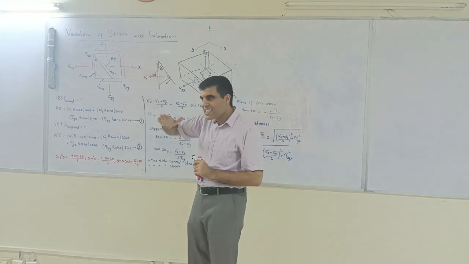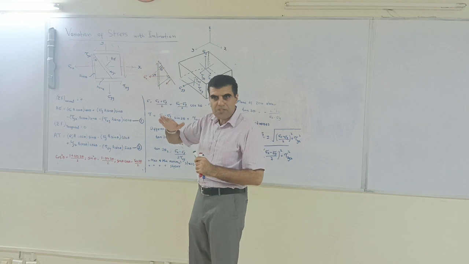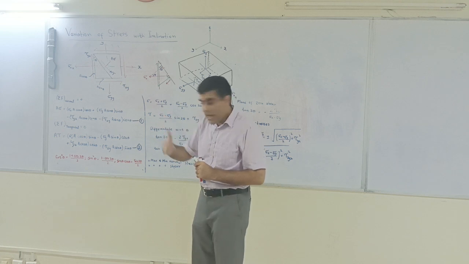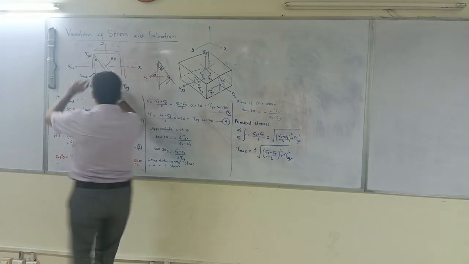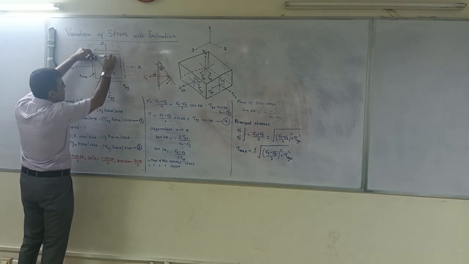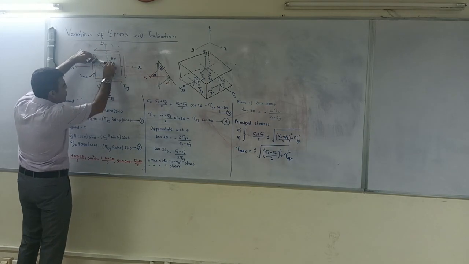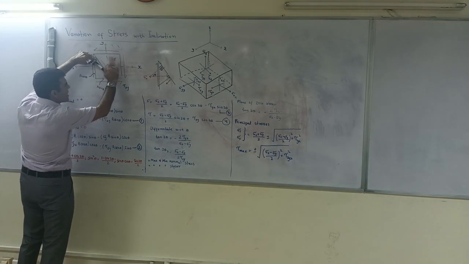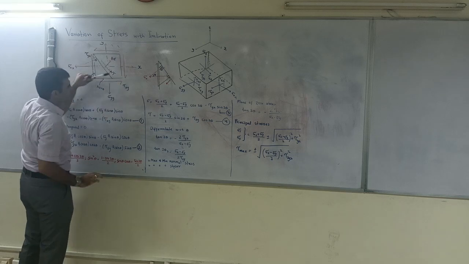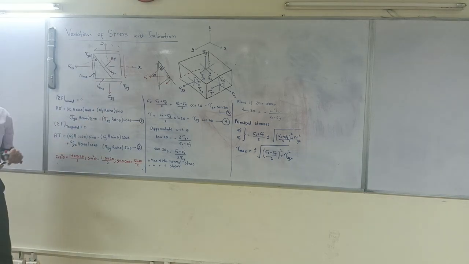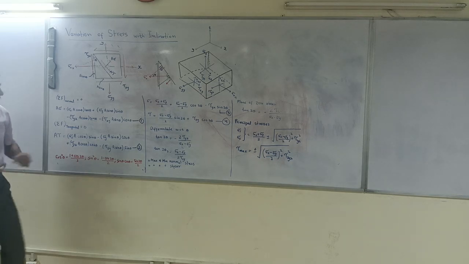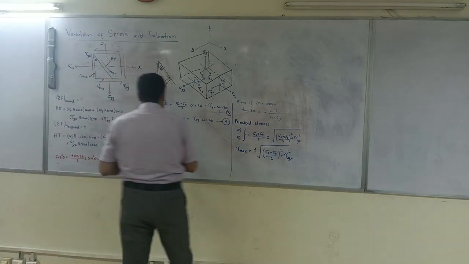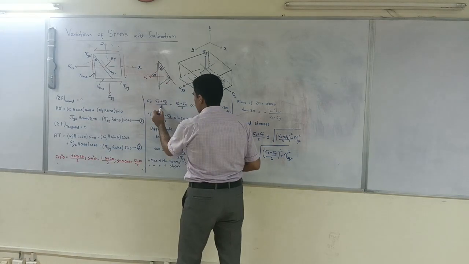What is that theta which will give me maximum stress? Because obviously this is dependent on theta. What should be that theta which maximizes the axial stress and the shear stress? So we differentiate this with respect to theta.